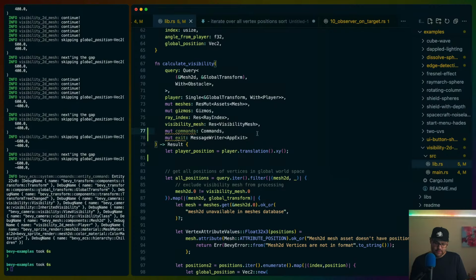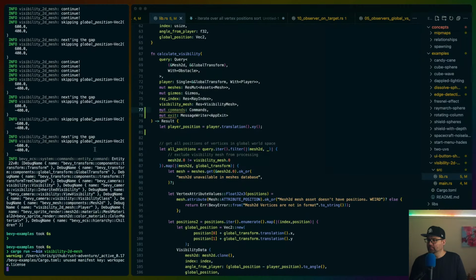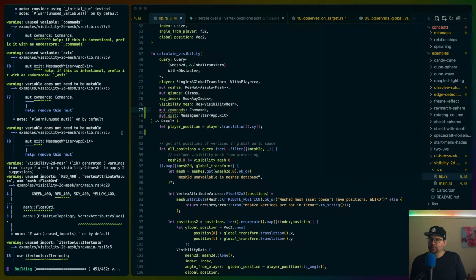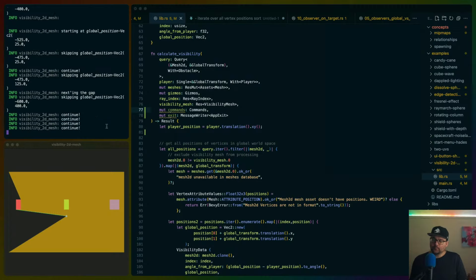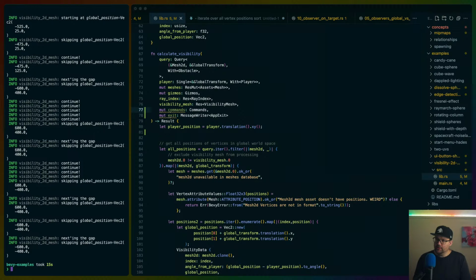For the 2D visibility project, I was thinking there's two ways to approach it. We can either build the raycasting ourselves, doing intersections and stuff, which would be cool. But it's really not meant to be a raycasting demo.